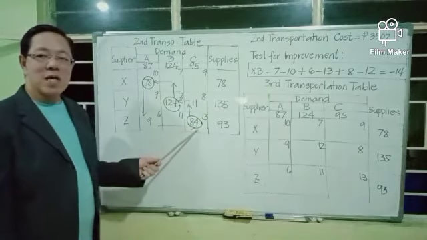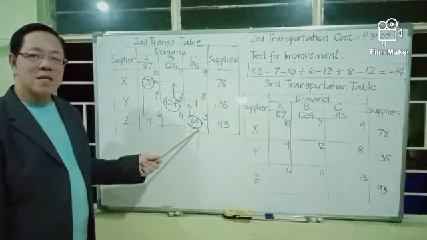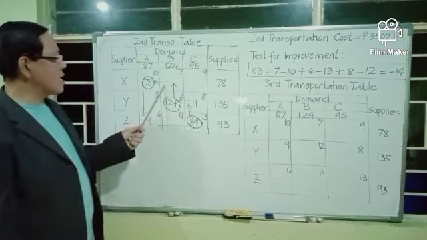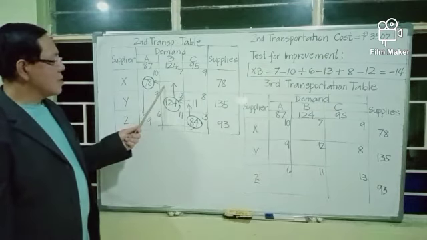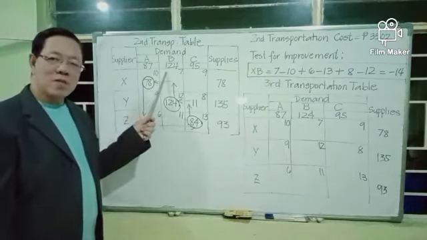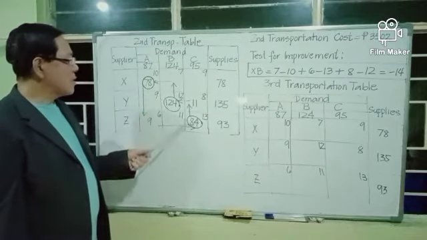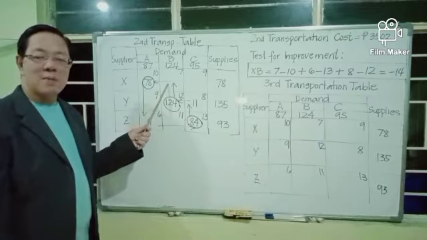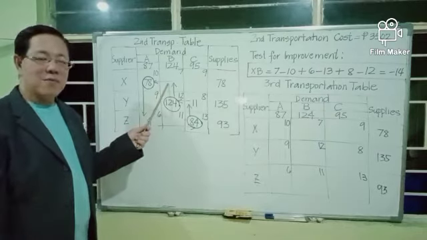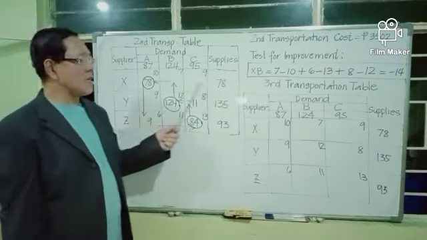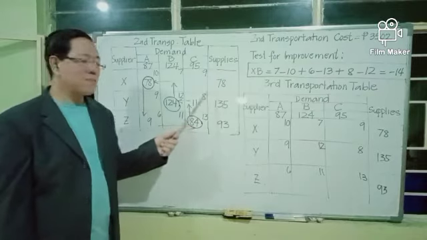It's the same with 84. If you transfer all of these units to this vacant cell XB, you will satisfy most of the demand of customer B, but you cannot take all of 84 from supplier X that has only 78 units.